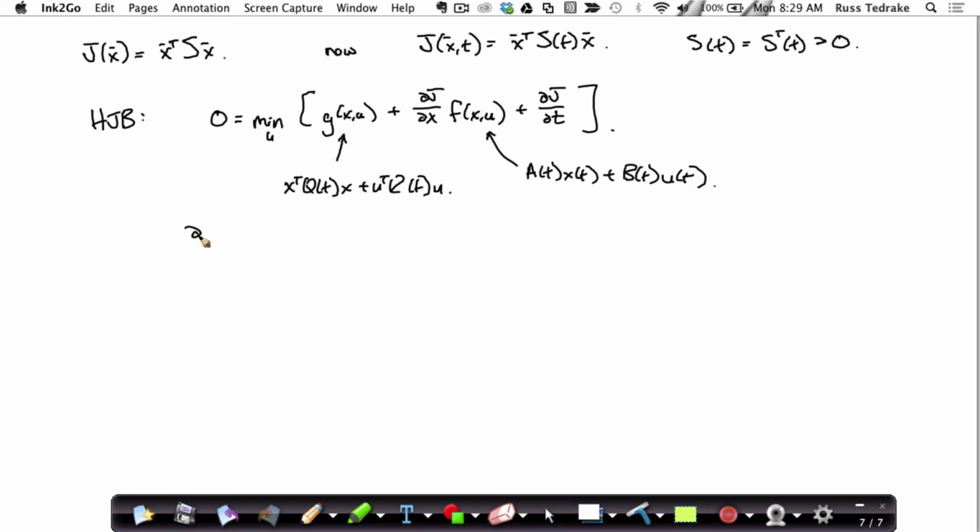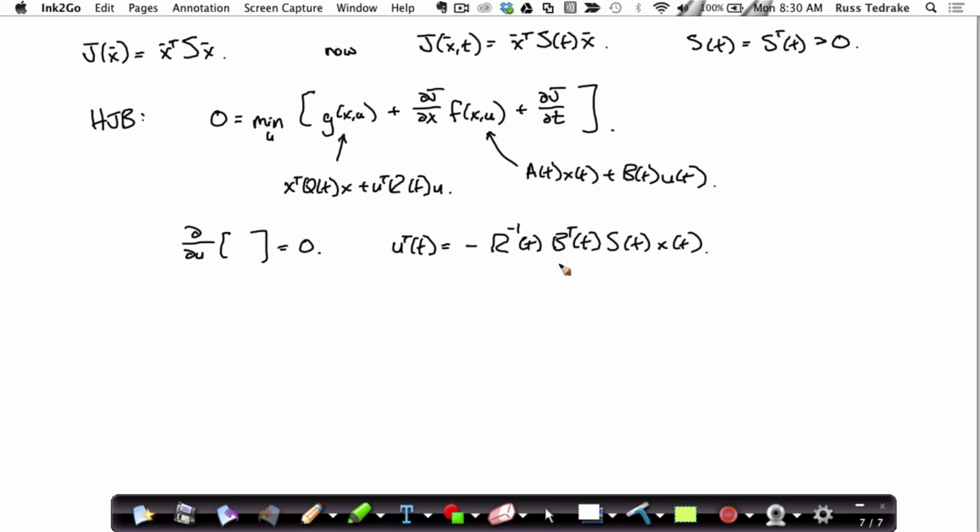You'll take the derivative with respect to u of that whole thing, set it equal to 0, and you're going to find that now u of t is just some time varying negative R inverse B transpose of t S of t x of t.